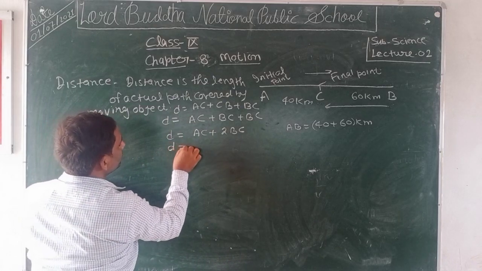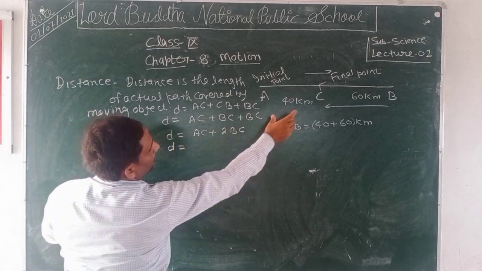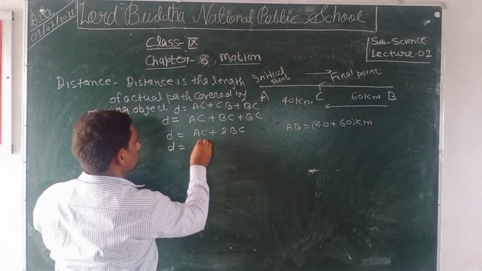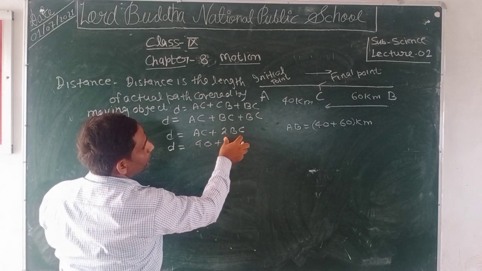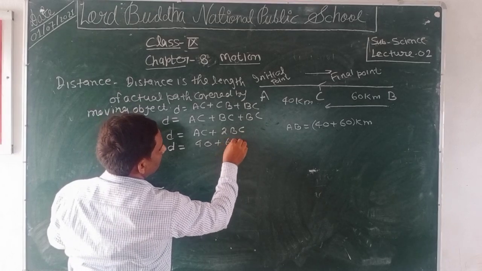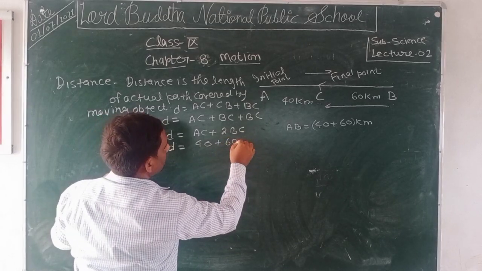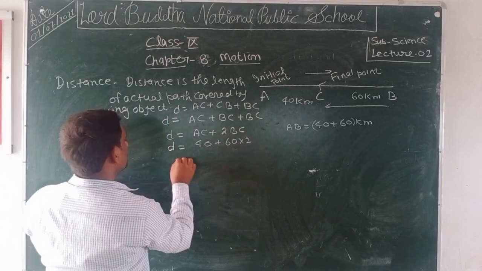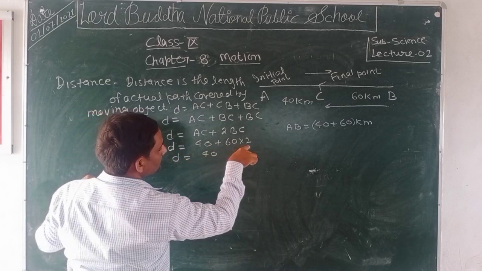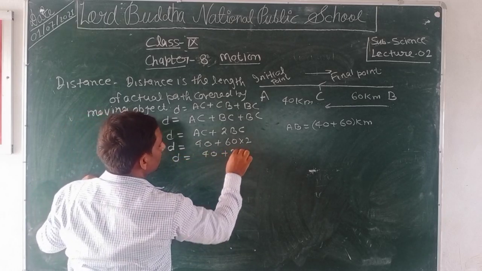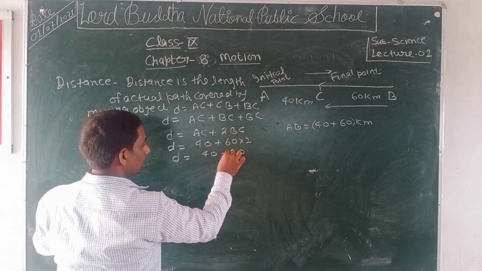So D equals length of AC, 40, plus 2BC, 60 into 2. So D equals 40 plus 60 into 2, which is 120. Okay?